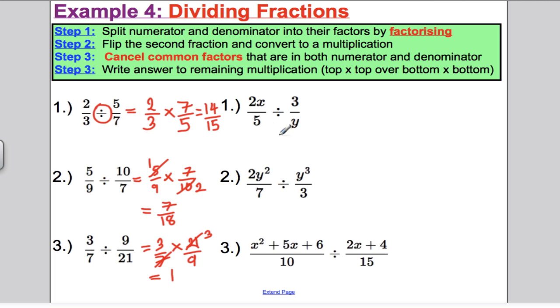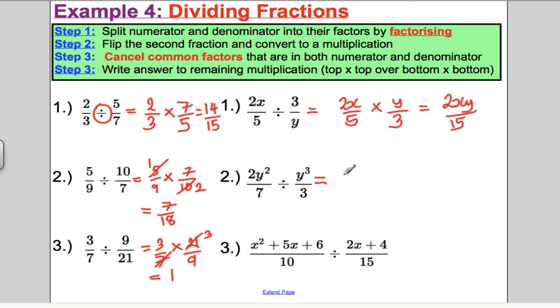Let's do a few examples here using algebra. Convert this to a multiplication, so it's 2x over 5 multiplied by y over 3. Anything we can cancel? No, so just multiply out, get 2xy over 15, and you're done. Okay, let's have a go at this one here.